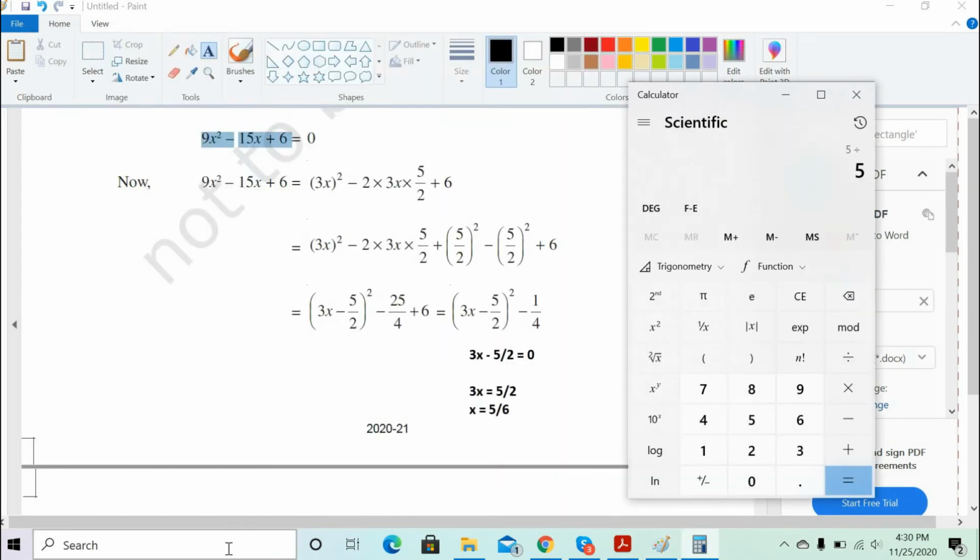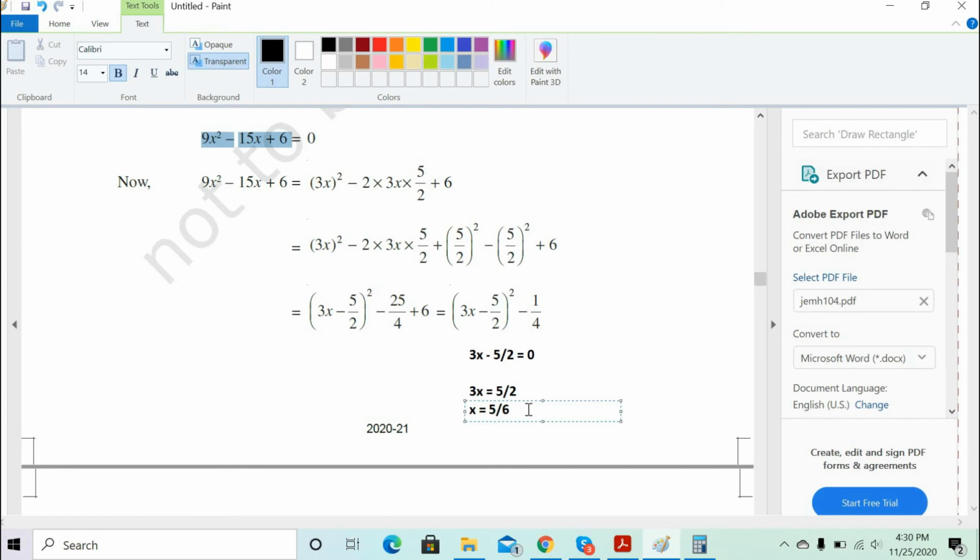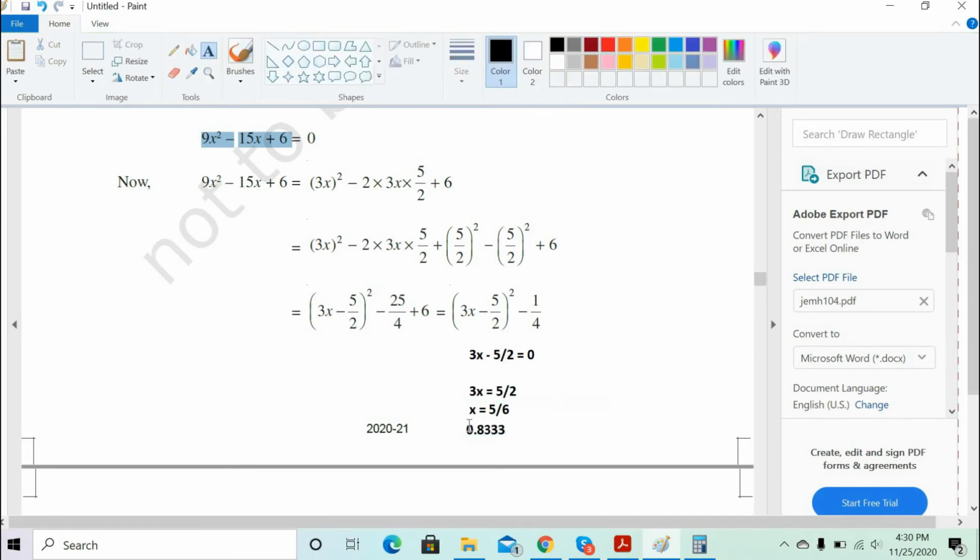Now, what value of x is it? Let's calculate in decimal. 5 divided by 6, we got 0.833, isn't it? Okay, so this is the x value. For this x value, the entire 3x minus 5 by 2 will be equal to 0.